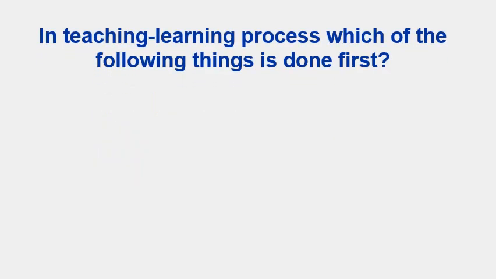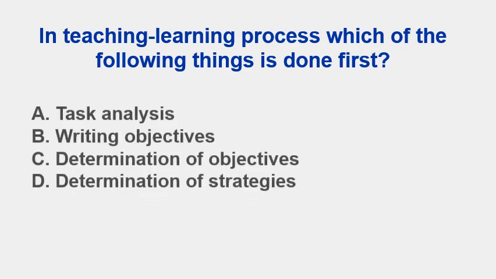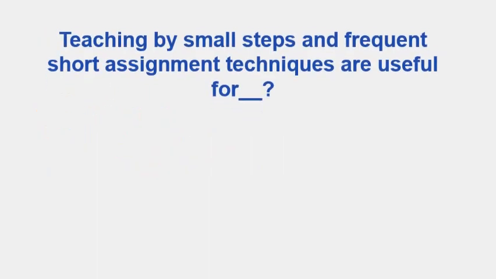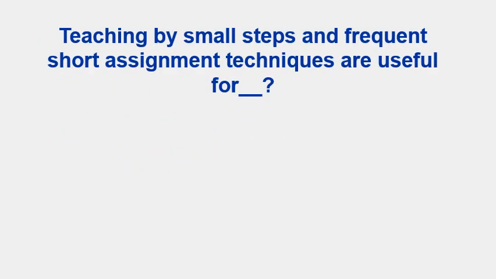In teaching learning process, which of the following things is done first? Teaching by small steps and frequent short assignment techniques are useful for.